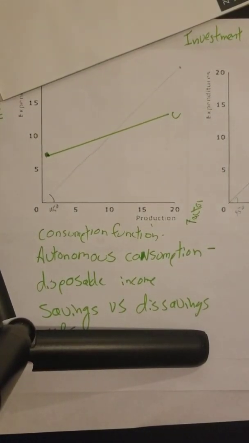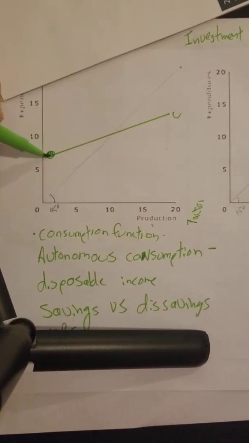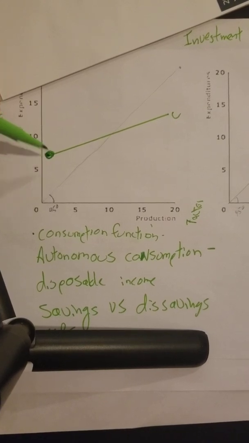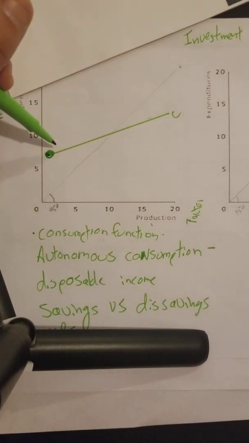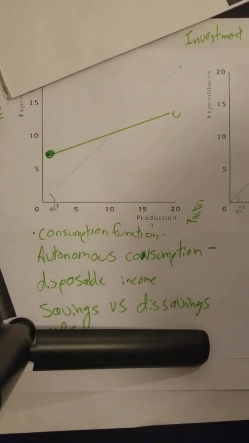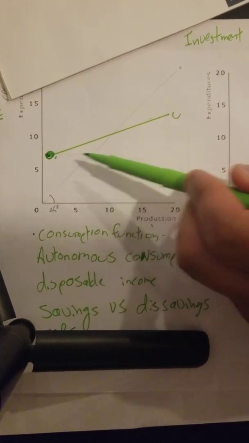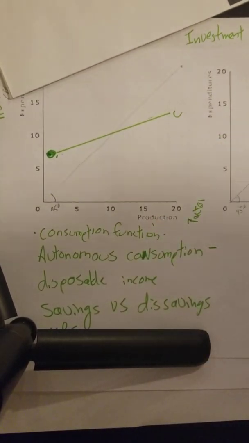Now think about what we're looking at here. This is the consumption function. Okay, so right here we see autonomous consumption, and this whole thing is the consumption function. And then when people get additional income above and beyond autonomous consumption, that is called disposable income.